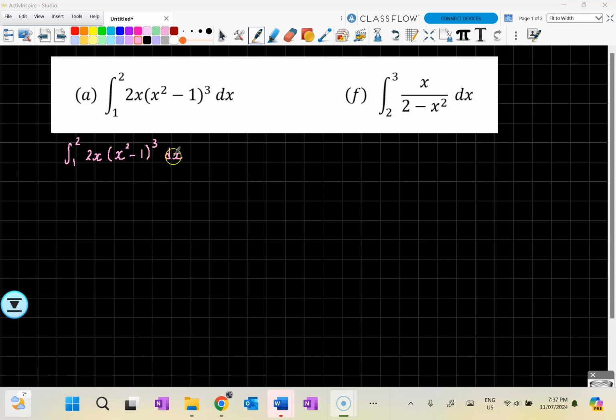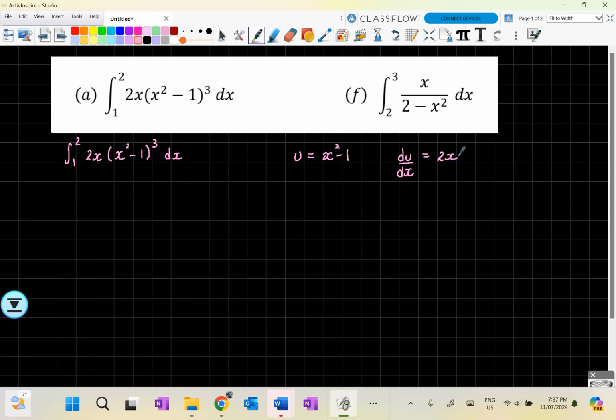The first thing we're going to do is look at what we're trying to integrate, and just like we did before, we can see it's a function times a function. I would prefer not to expand, because if we look at what's inside the bracket, u equals x squared minus 1, its derivative is the function that's being multiplied by.